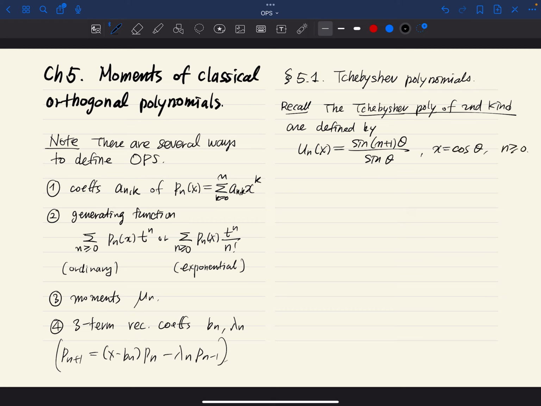So for every index n, we know an explicit formula for the polynomial. So this family is determined, and we know that they satisfy this recurrence relation. So we also know the three-term recurrence.